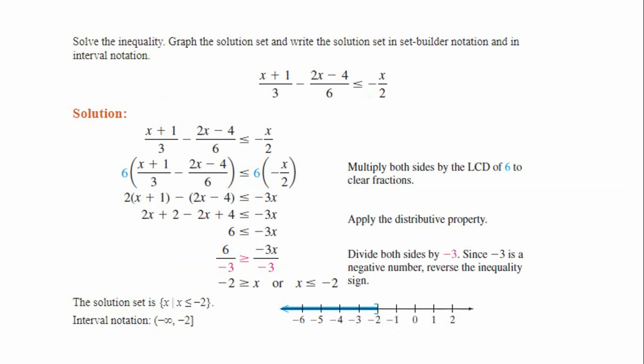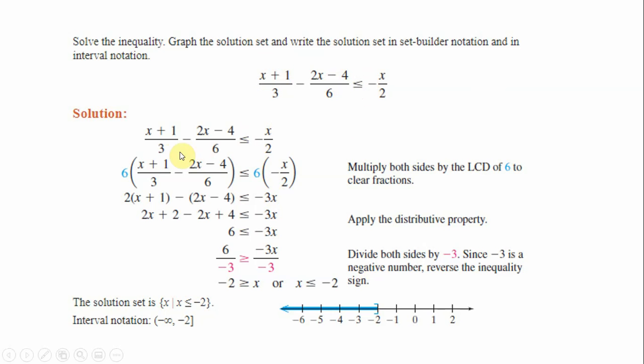So here's another one involving rational terms. I've got x plus 1 over 3 minus 2x minus 4 over 6. I want to find the solutions when that is less than or equal to negative x over 2. So this is similar to how we handle rational equations when we're dealing with equalities.